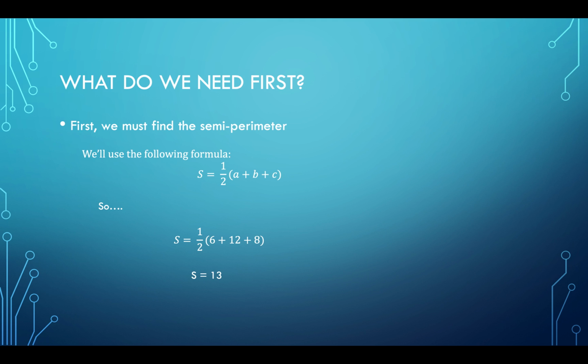Once we add them all up, what I personally do is I add 6 plus 12 plus 8 together and then multiply it by 0.5, and then we find our S is equal to 13. But we're not done there yet. That is not the area of the triangle. That's only the semi-perimeter of the triangle.